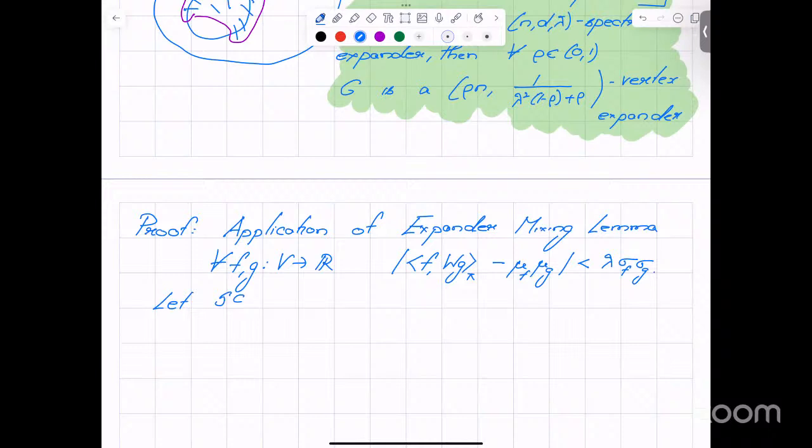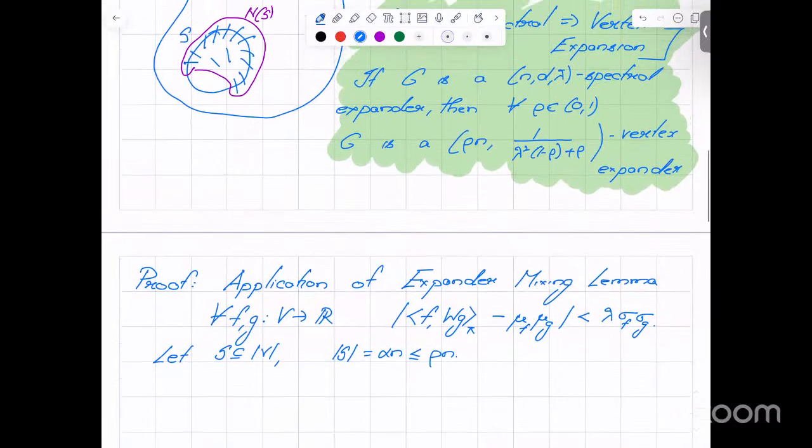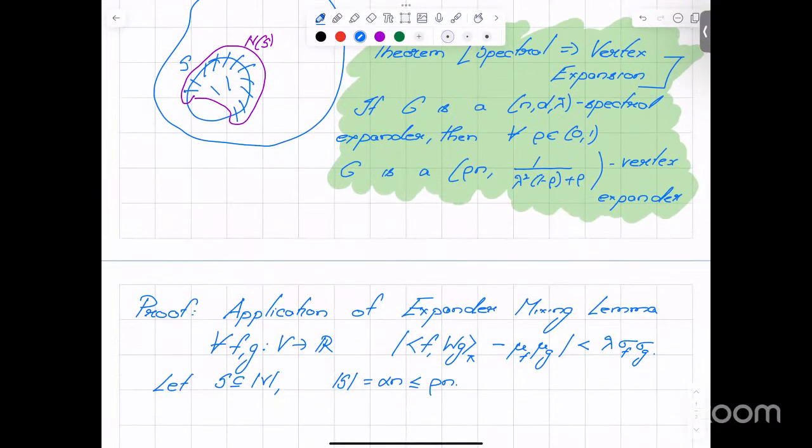Let S be a subset of the vertices, and the size of S is alpha n, which is less than or equal to rho n. Yeah, that's one thing we could do. I'll do something slightly different which will make the proof even cleaner.